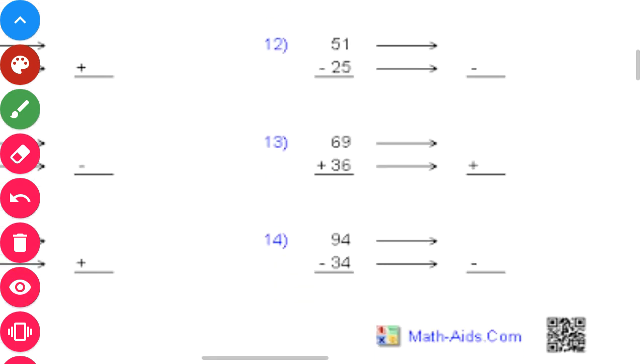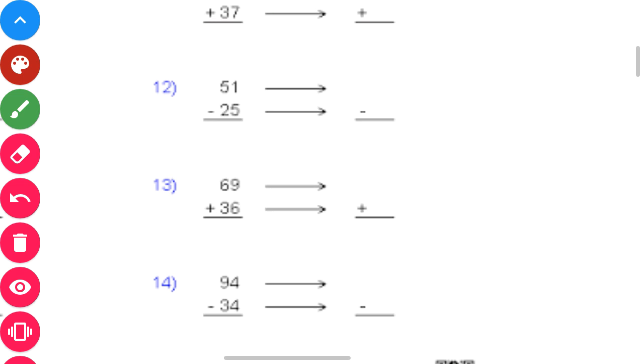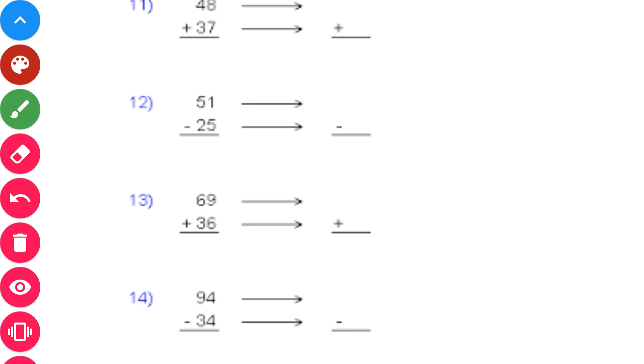Okay, we are having two more questions. Question number 12 and 14. These questions are of difference. Do both of them.